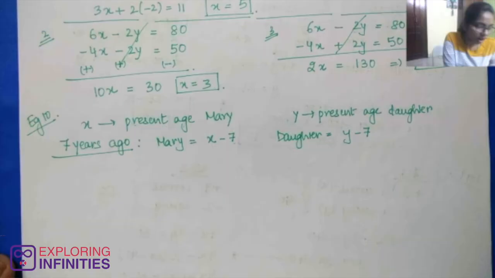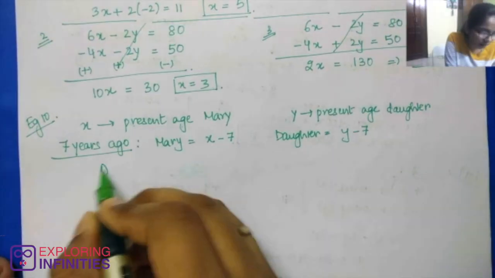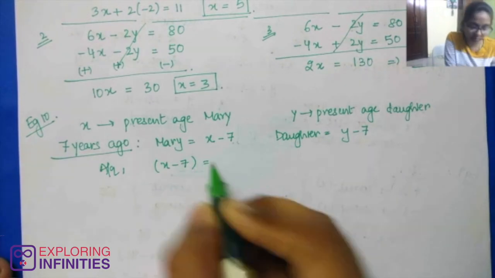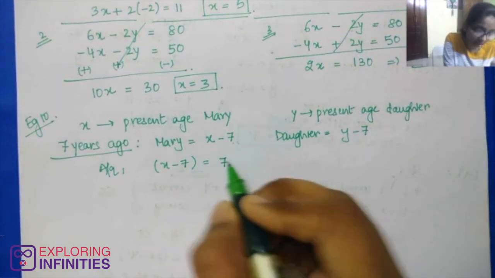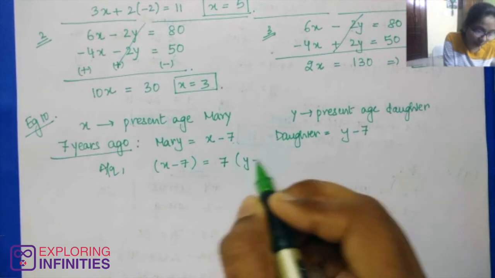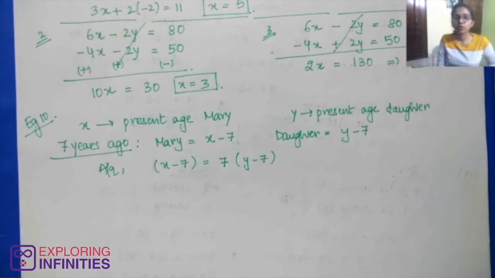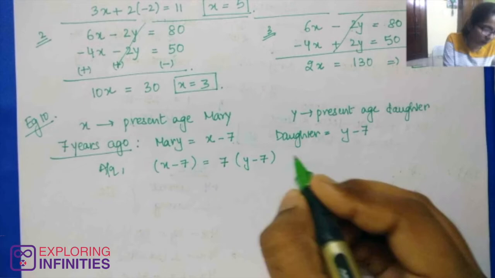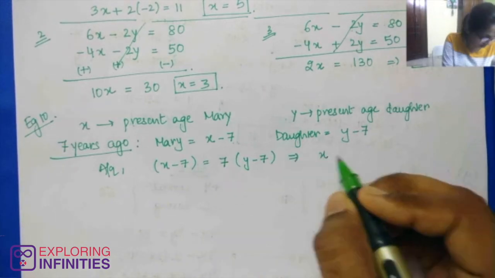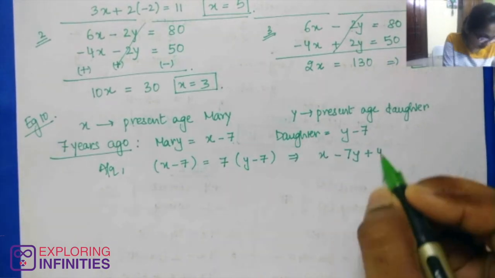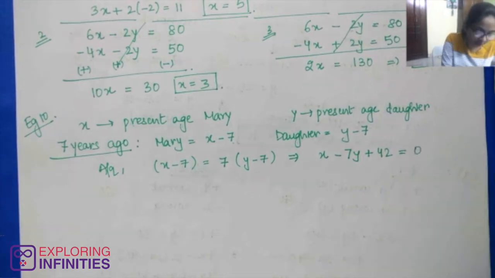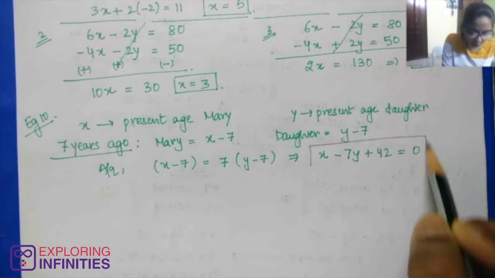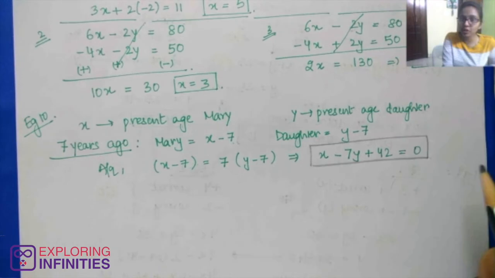So according to our question, we have x minus 7, I was 7 times as old as you were, so this will be equal to 7 times y minus 7. If you try simplifying this equation, you'll get x minus 7y plus 42 equal to 0. So here we have our first linear equation in 2 variables. Okay, I'll give this equation number 1.